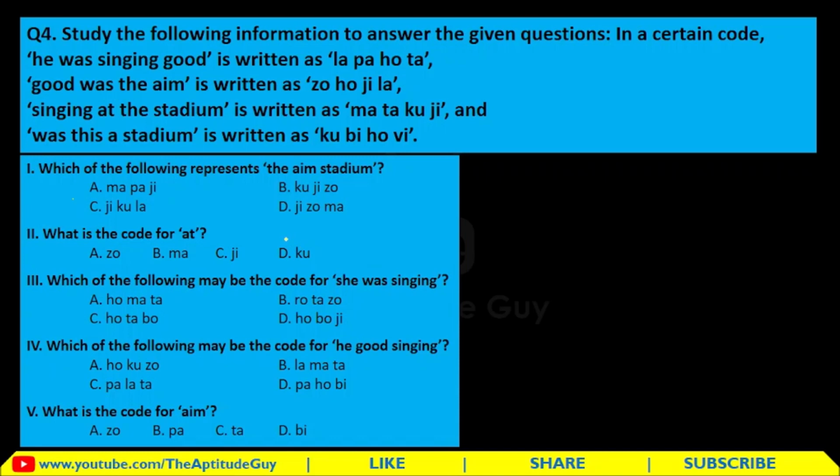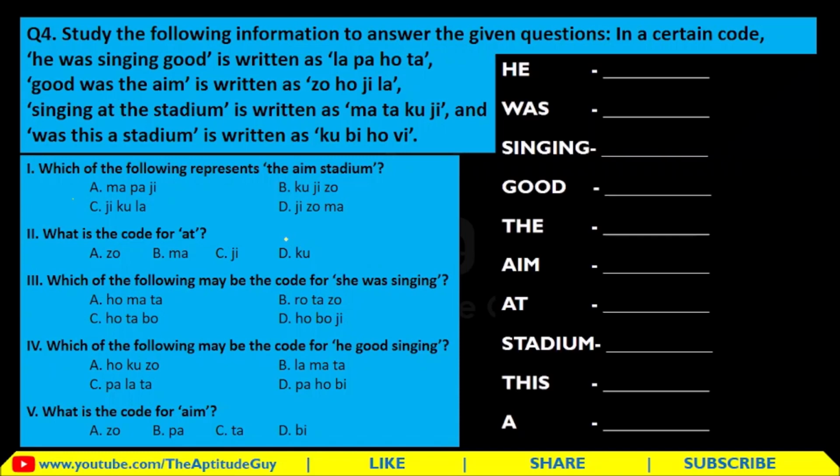Okay, so the system that I use is this. First of all, I will write down all the unique words which are given over here. So we have he was singing good, then good was the aim, so good is already there, was is already there, the aim, and then all these words. So all the unique words are listed down right here. Okay, done. Now I will figure out the code of all these words, and then I will solve the question.